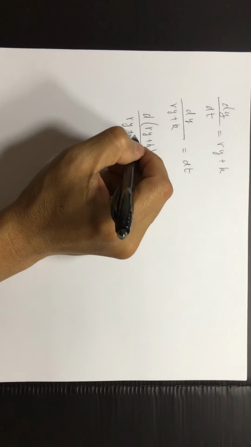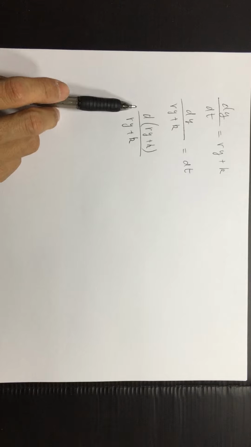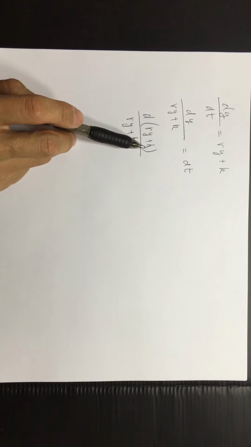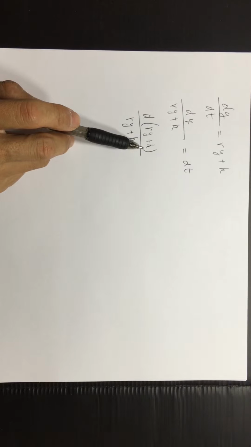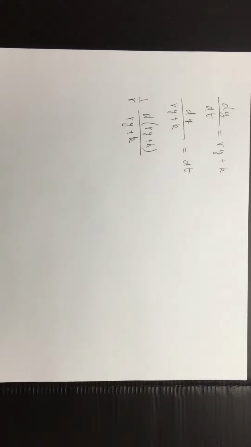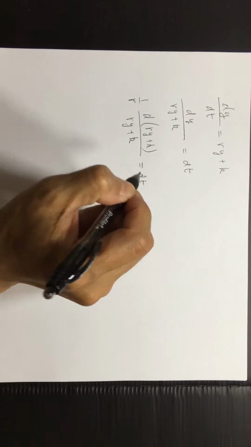And this obviously is r. When I do this, this does not equal this. Yeah, k will go away when you do dk, because it's 0. But the r will not go, so I have to multiply by 1 over r, right? Then it equals dt, right?